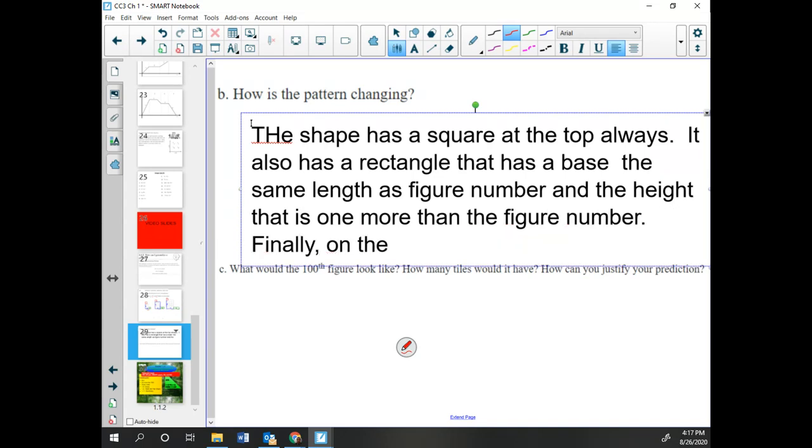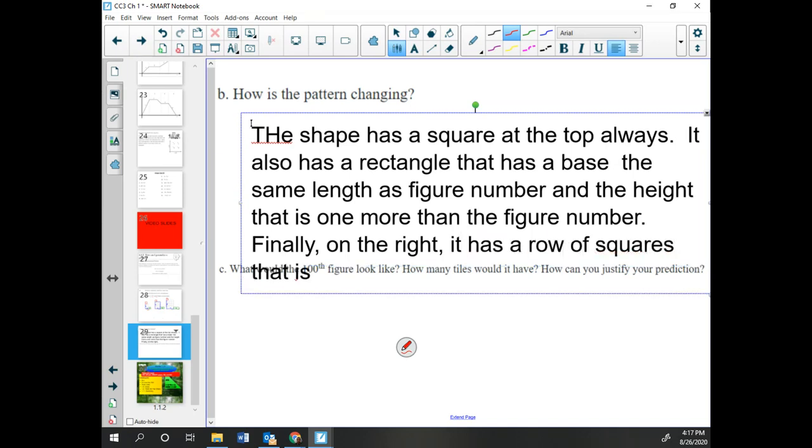Finally, on the right, it has a row of squares that is 1 less than the figure number.